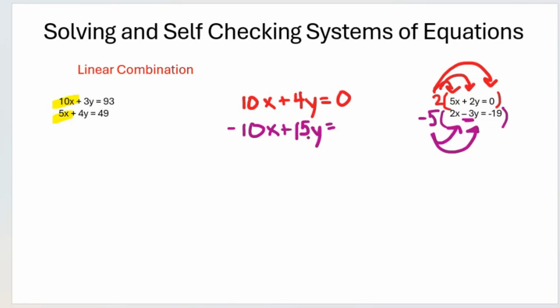And -5 times -19 is going to be a positive 95.